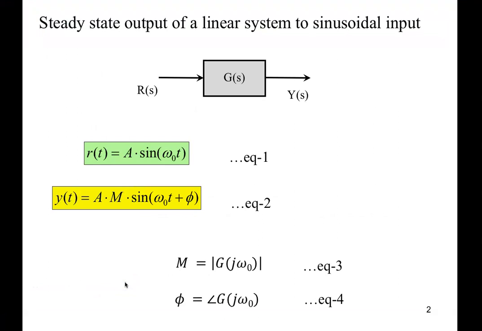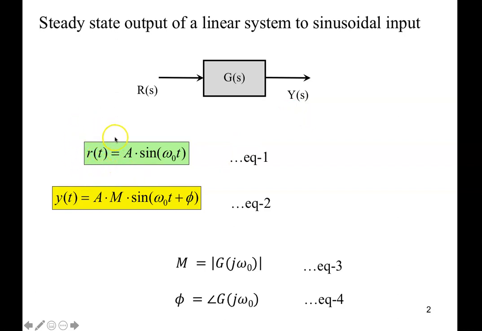Now, suppose I have a system G(s), and I know the transfer function, and the input is R. R(s) is the input in the frequency domain, Y(s) is the output in the frequency domain, but I'm really looking at r(t), the input in the time domain.